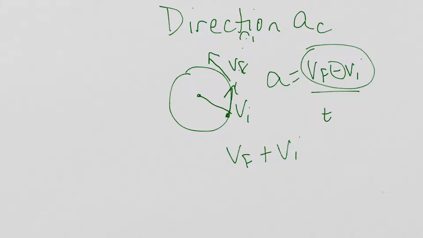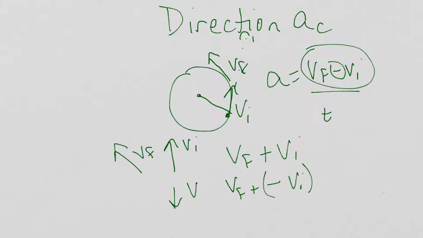So we would just say VF plus a negative VI. To do that, we just flip VI. So we have a vector like this for VF, VI looks like this, and negative VI looks like that. To add them, we just go tip to tail.